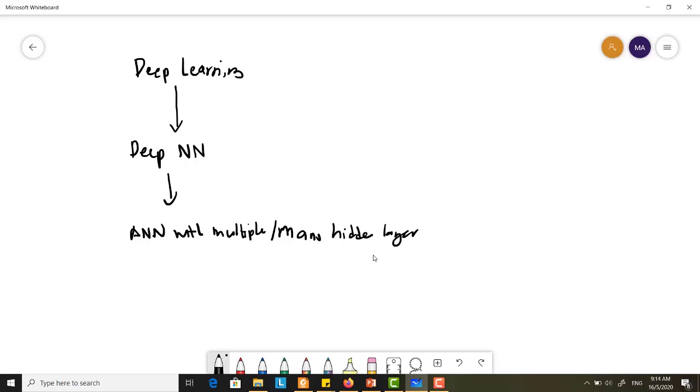I think MATLAB also considers the artificial neural network that we learned in the previous chapter as a shallow neural network. The previous one is called a shallow neural network, and the current one is called a deep neural network. Don't be confused by the terms, because during my time there was no deep learning.